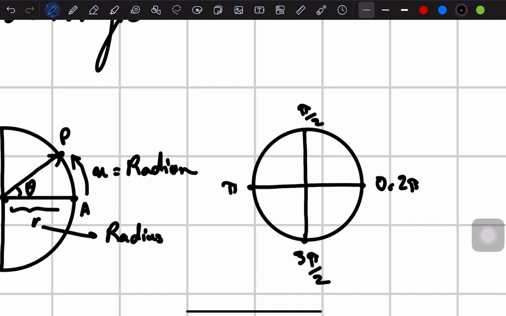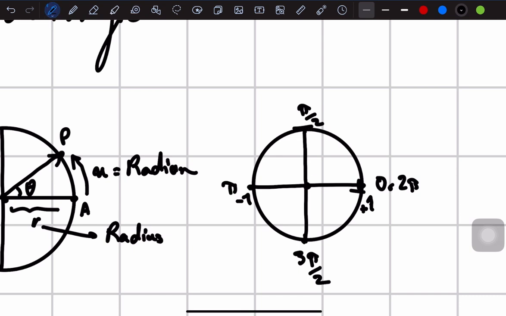For example, here cosine is 1 at point 0 and sine is 0. Basically, as a general explanation, sine would be the y-axis and cosine would be the x-axis. If you consider this point positive 1 and here negative 1, at point 0 the cosine is positive 1 and sine is 0, because on the x-axis y is 0.